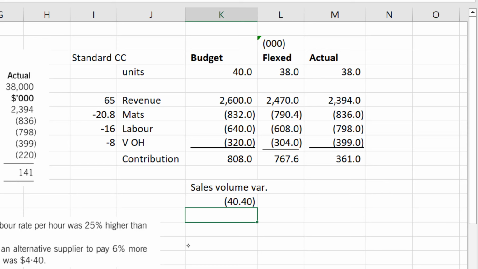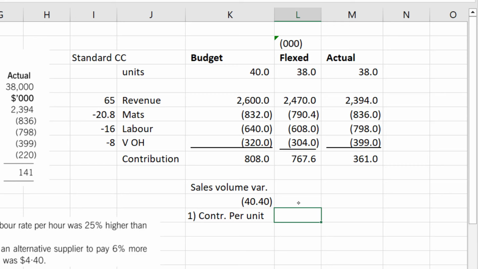Now, the other way we can calculate that, guys, if we just want to calculate it standalone, what I'm going to do is step 1, contribution per unit. Okay, and we could get the contribution per unit, couldn't we? That's going to be equal to the selling price right here minus the variable costs.